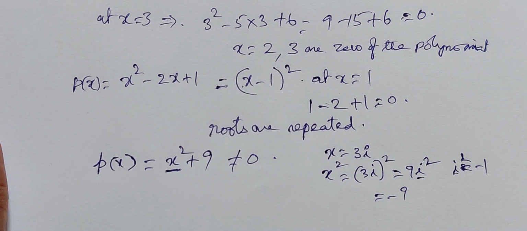Any number having only i, whose square i square becomes minus 1, ultimately becomes a negative number when squared. But we are not going to deal with the complex number system in our 10th class. We are going to limit ourselves to the real number system, because we studied only real numbers in the previous chapter, correct?